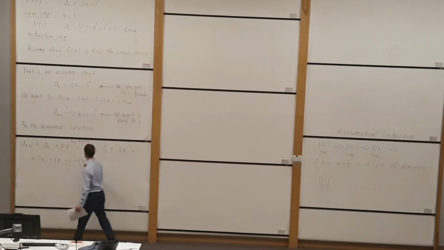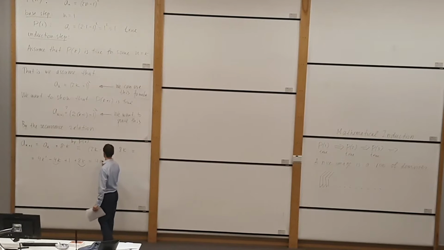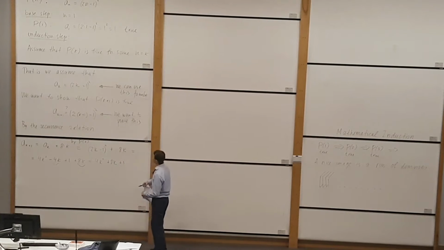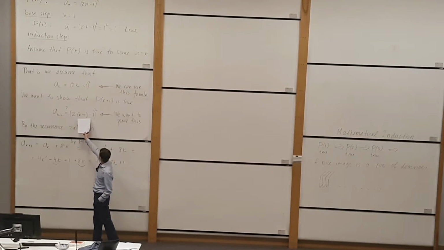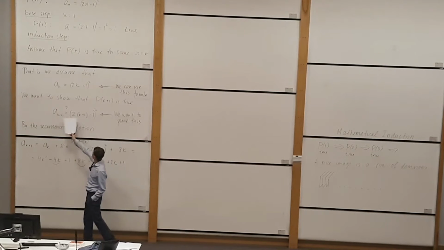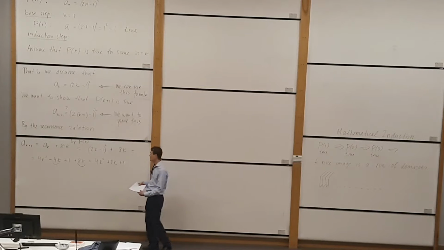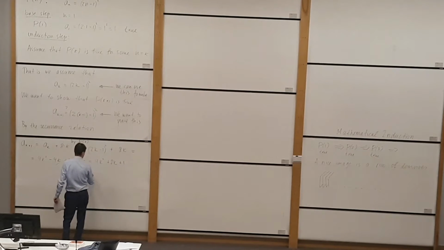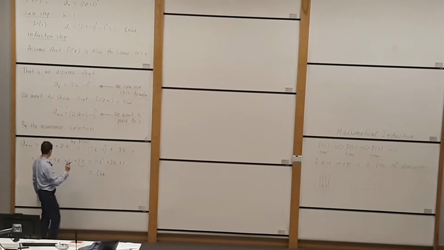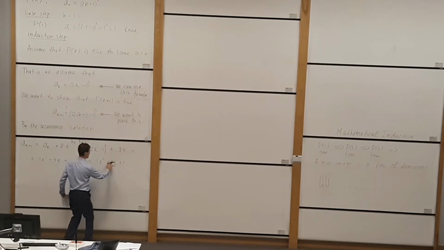And this I can simplify. This equals 4k squared plus 8k plus 1. So we can also expand the right-hand side of the formula we're trying to prove and compare it term by term, or equivalently, I can just notice that this is the same as the square of 2k.